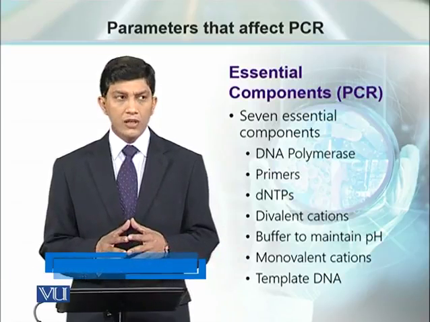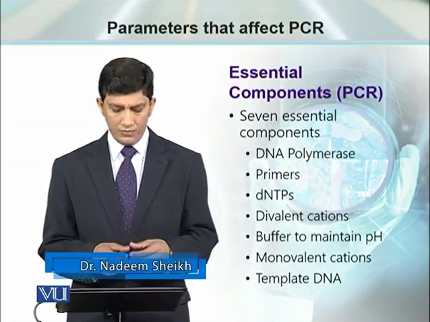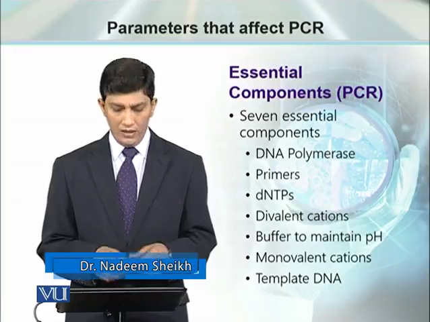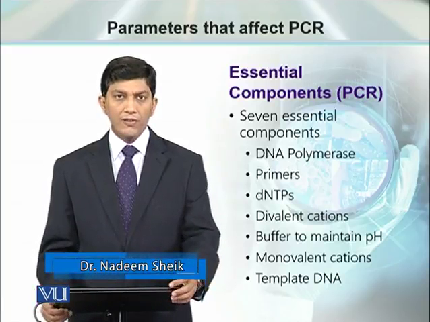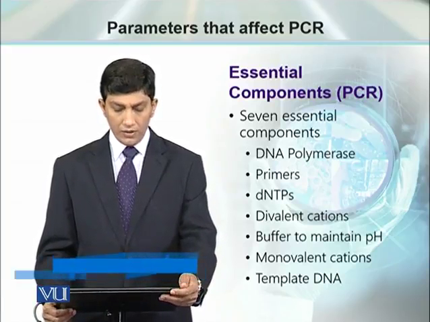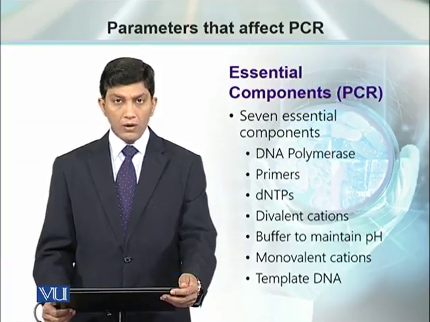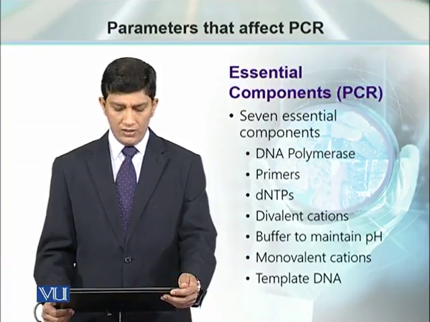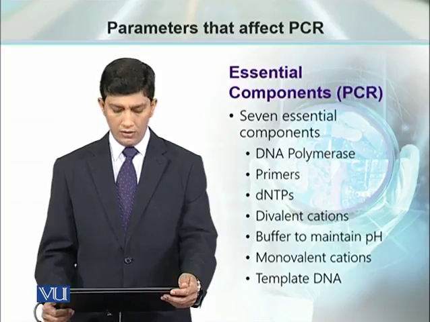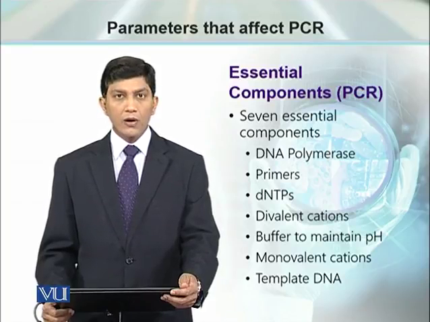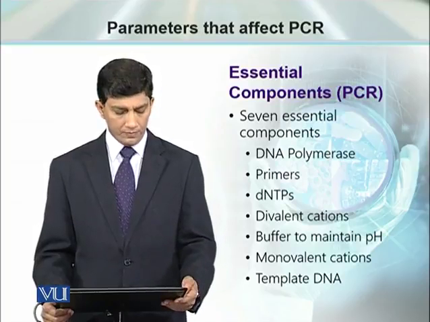It includes DNA polymerase, primers, dNTPs, divalent metal ions or cations, buffers required to maintain the pH, monovalent cations, and above all, the template DNA that we have to amplify.